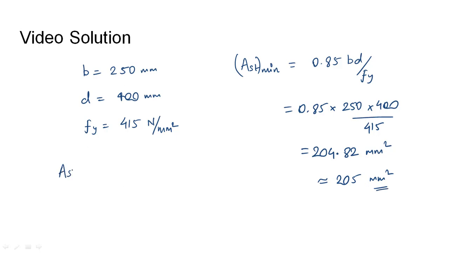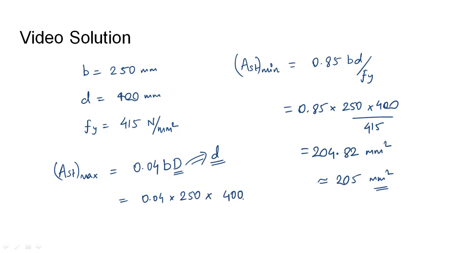Similarly, we can find the maximum tensile reinforcement, that is 4% of the area of the beam, 0.04 times B into D. Here we don't know D, so we can take D as close to small d itself. So 0.04 into width, that is 250, and depth we are approximating it as 400.